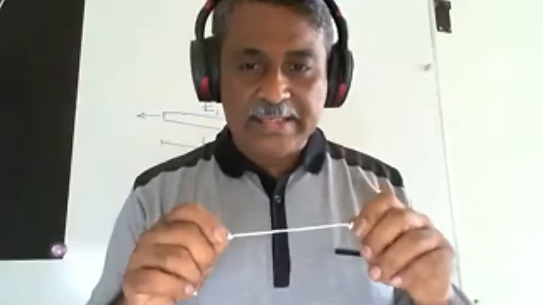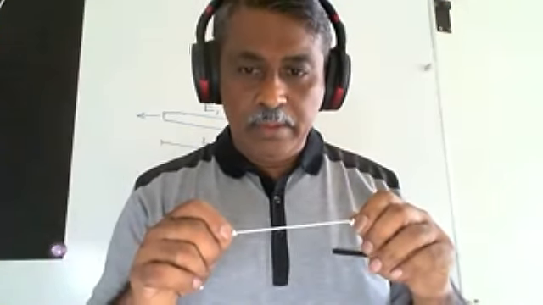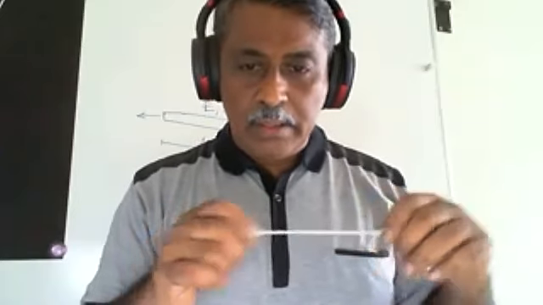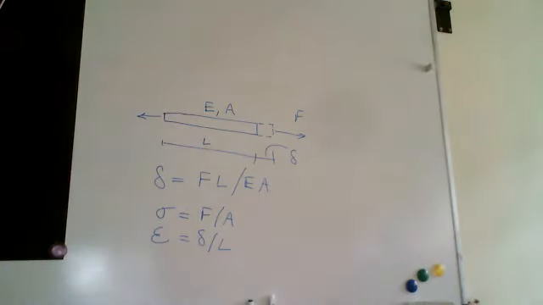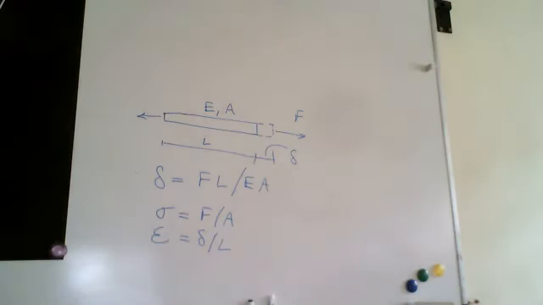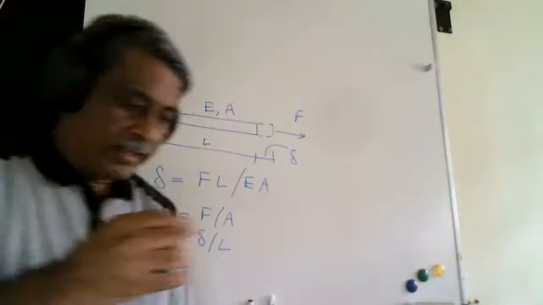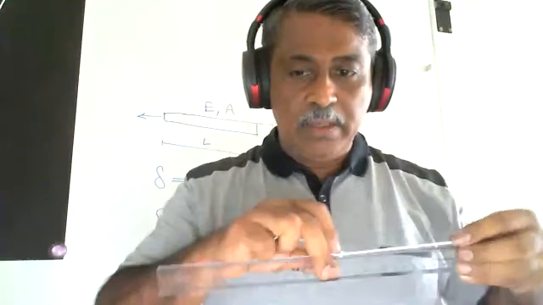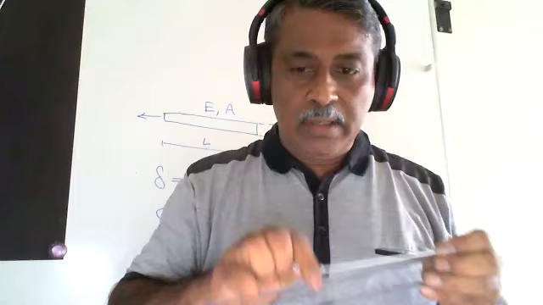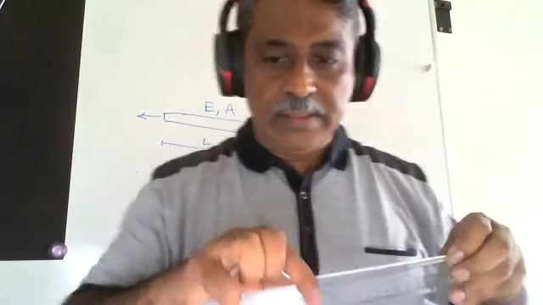This length is L, okay? Let's see if I can use a ruler. Yeah, okay, let me use a ruler. Give me a second. This is easier for me to explain. Okay, so I have the ruler now. Are you able to see now?